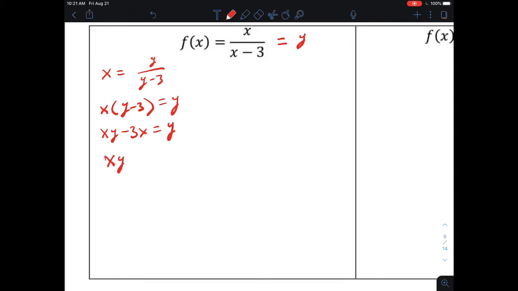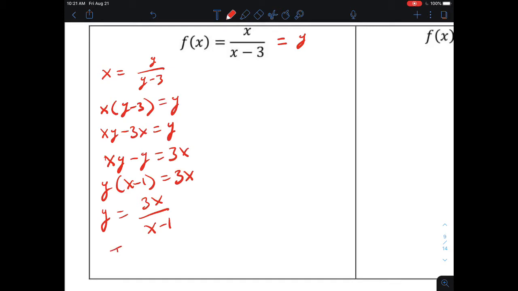And move the 3x to the other side. So it'd be xy minus y equals 3x. Factor out a y. And divide by x minus 1. And so we have our inverse.